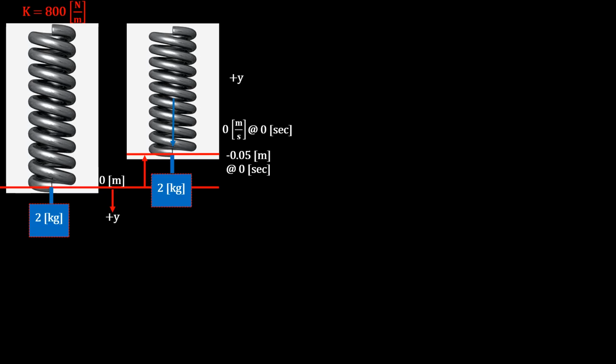All right, so now let's take a look at the spring mass as it's being displaced above the equilibrium position at these two initial conditions. So here we have our 2 kilogram mass. Downward is positive, and before I forget, this thing is moving up, so it has a negative acceleration, not a positive acceleration.